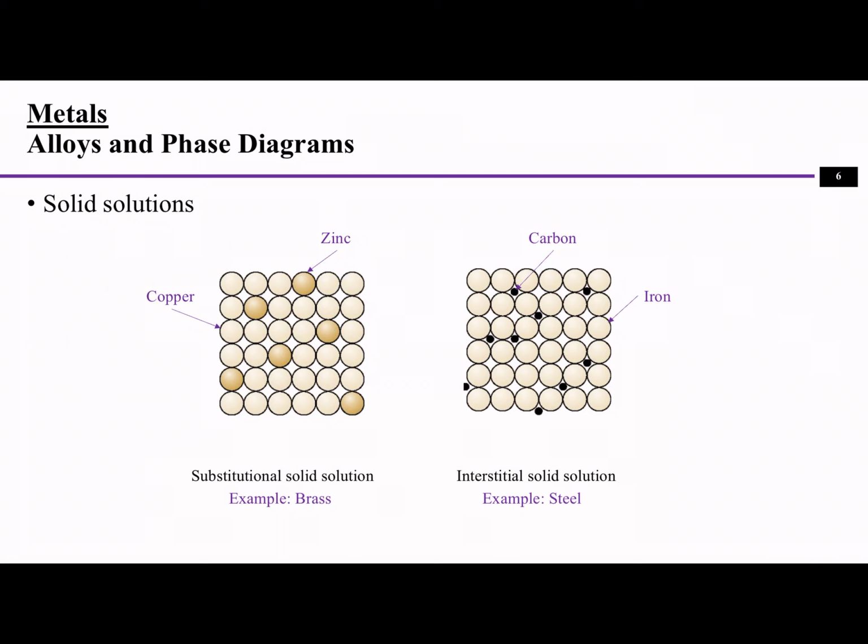Another type is the interstitial solid solution. It means that some of the other elements will be filling the gaps between the atoms of the base material. For example, like this one, carbon is filling the gaps of the iron structure. And steel is one of the examples of this kind of solution.